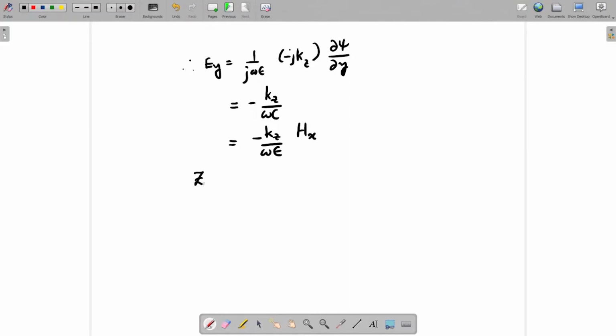So, my Z 0 m n TM becomes equal to minus E y by H x.